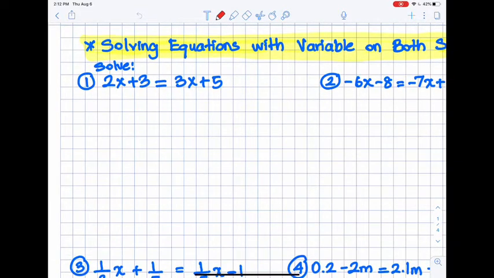First, I would like to check if I have any decimals or fractions or distributive property, and I see I don't have any. So I'm going to start right away with getting the variable term on one side. I'm going to subtract 2x from both sides of the equation.